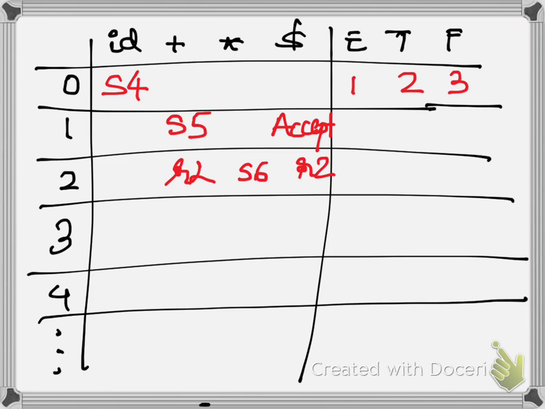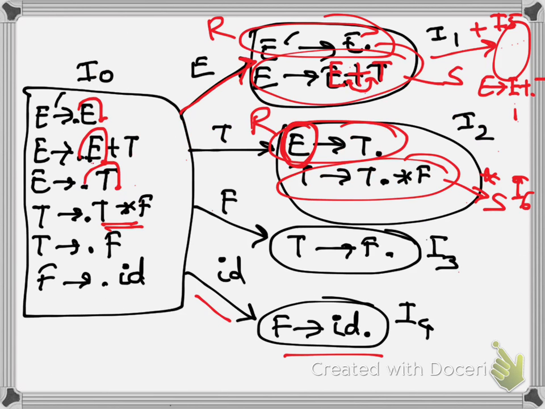So as you can see in this particular example, there is no shift reduce conflict. And for the next one, that is for your state I3, I3 is a reduce. Since it is the only one, here also it is a reduce. So no problem.